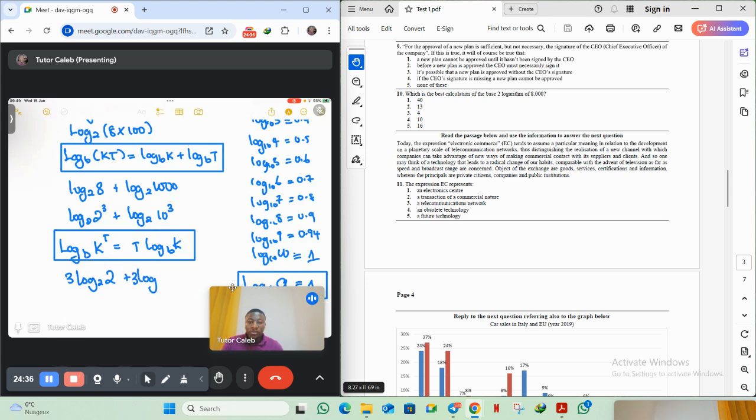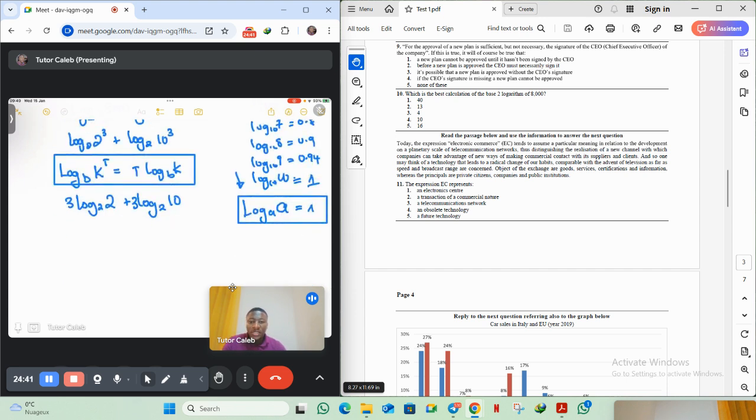Now, remember the law I stated here, the one on the logarithm of a base a giving you 1. That means the logarithm of 2 base 2 gives you 1. You're going to have 3 into 1 plus 3 into the log of 10 base 2. Now, I'll teach you another rule for logarithms, the rule to change the base of a logarithm. Let's imagine that you have the logarithm of k to the base b, and you want to change it to a base a because you want to be able to manipulate it more easily.